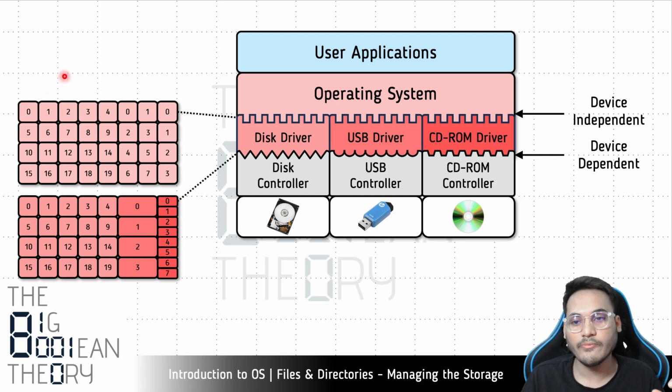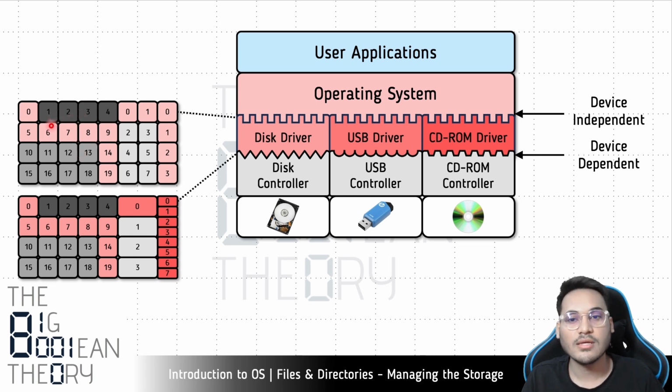The problem with this level is that as a user, if you have to read or write data from these blocks, you have to deal with block addresses. Let's say there is some data on your storage devices. If you want to store the data, you have to provide the exact block addresses where you want to store it.